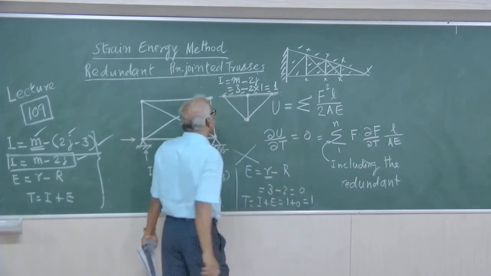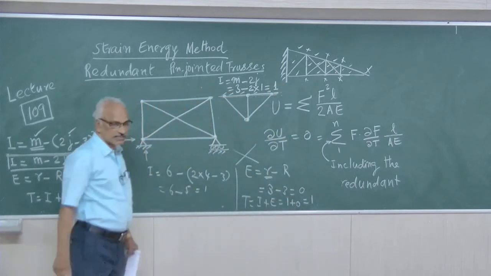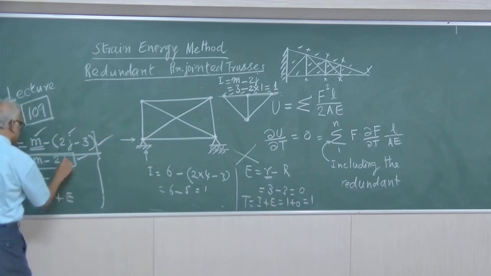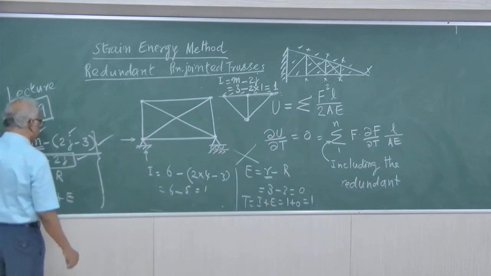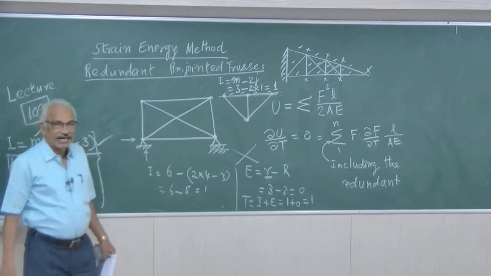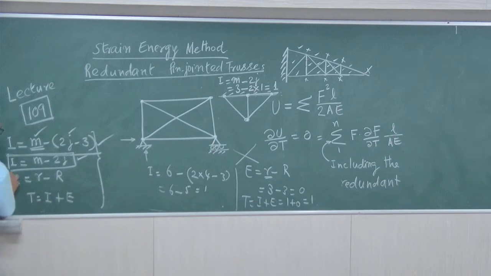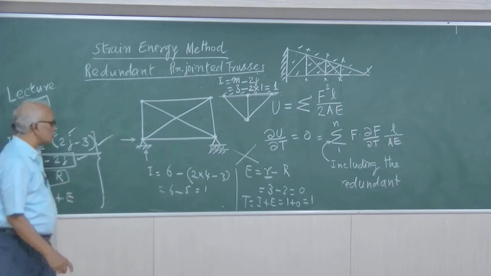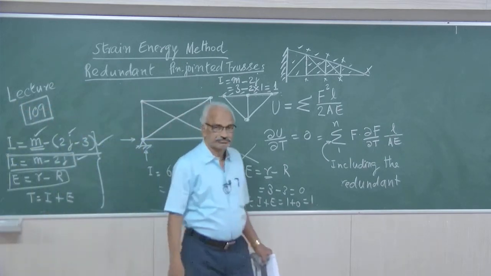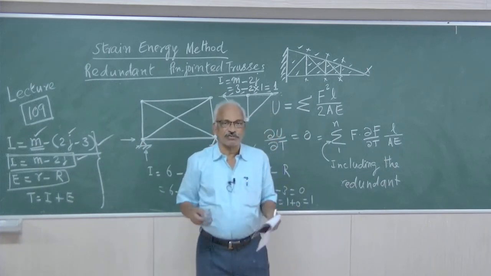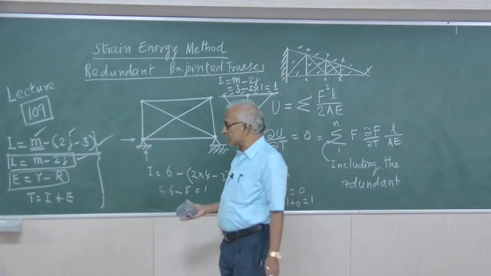This truss is indeterminate to 1 degree. So that is how you make use of the formula m minus 2j when the truss starts from a rigid base, right? And E, of course, we have already used: external redundancy equal to small r minus capital R. So this is how you find out the degree of static indeterminacy.